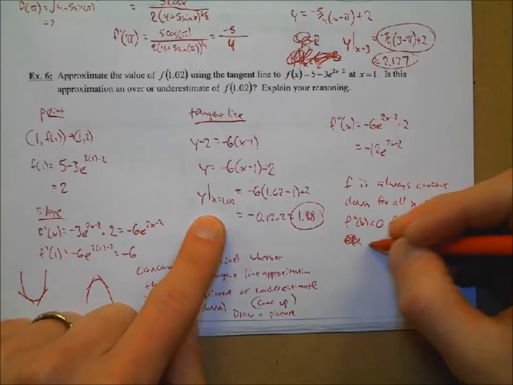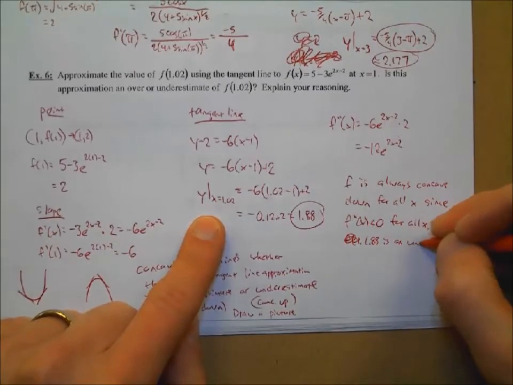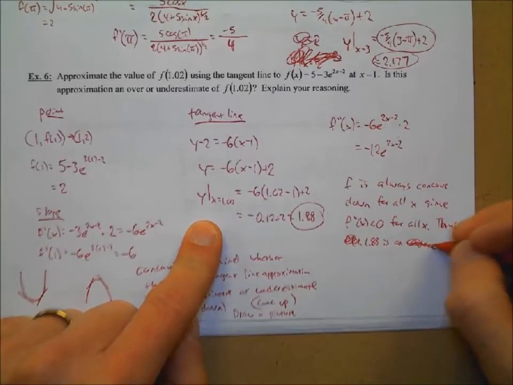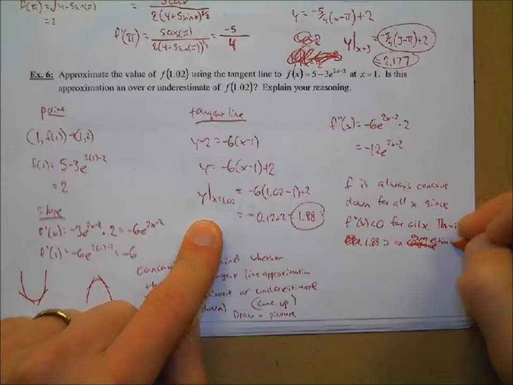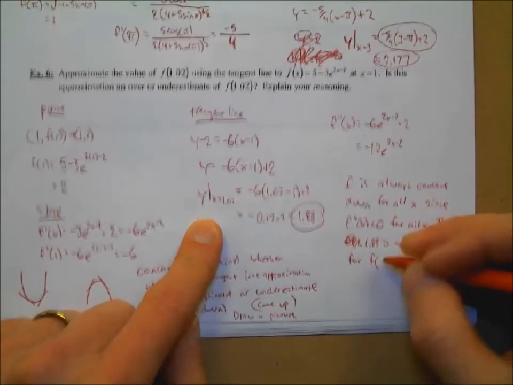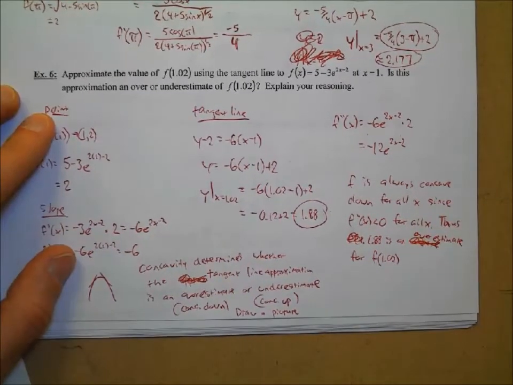Thus, 1.88 is an underestimate, or sorry, overestimate, concave down, overestimate, okay, for f of 1.02, or an over approximation for f of 1.02.